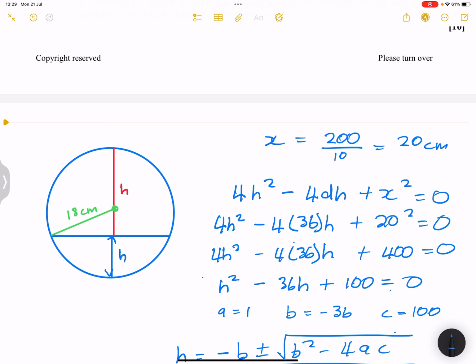Now I want you to note from the center to the circumference, that would be the value of the radius. And if I know this value is h, then what would be this smaller value over here? Okay, so that would be 18 centimeters minus h. So that would be 18 minus h.